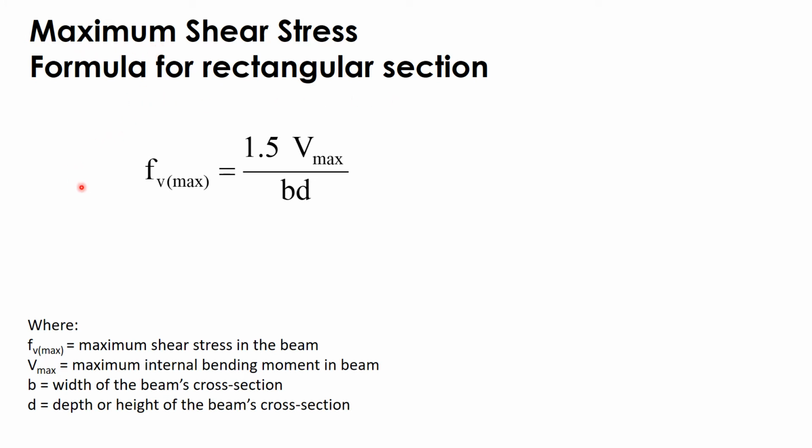If you will use the equation kanina sa general formula ng shear stress, following the other data, say for example, you have V. So, yung V, doon sa general formula natin, if you will compute for the maximum shear stress, of course, you will need the maximum shear value.